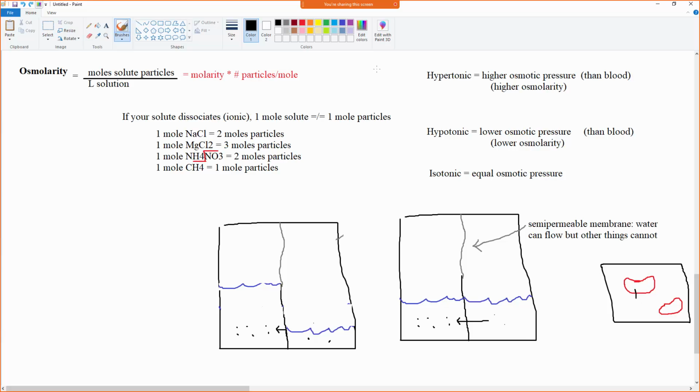I should make that blue to indicate that it's water. Then the concentration of solute particles in the solution surrounding your blood cells and inside your blood cells is the same, because water can go back and forth. It exerts this pressure and your concentration is going to be the same.